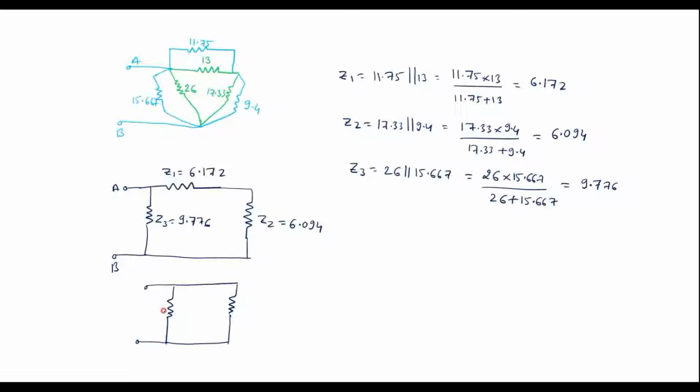This is Z3, that is 9.776, and this is the addition of these two, that is 12.266.